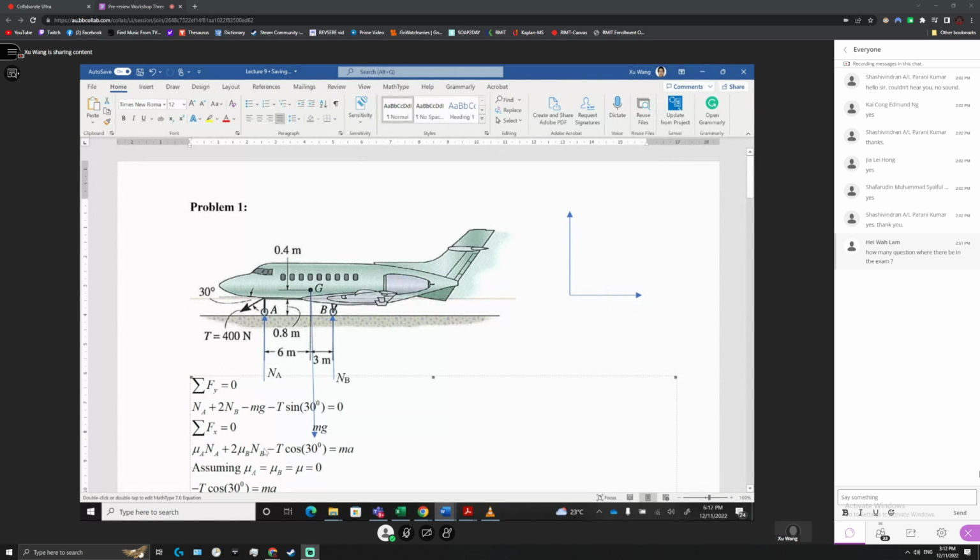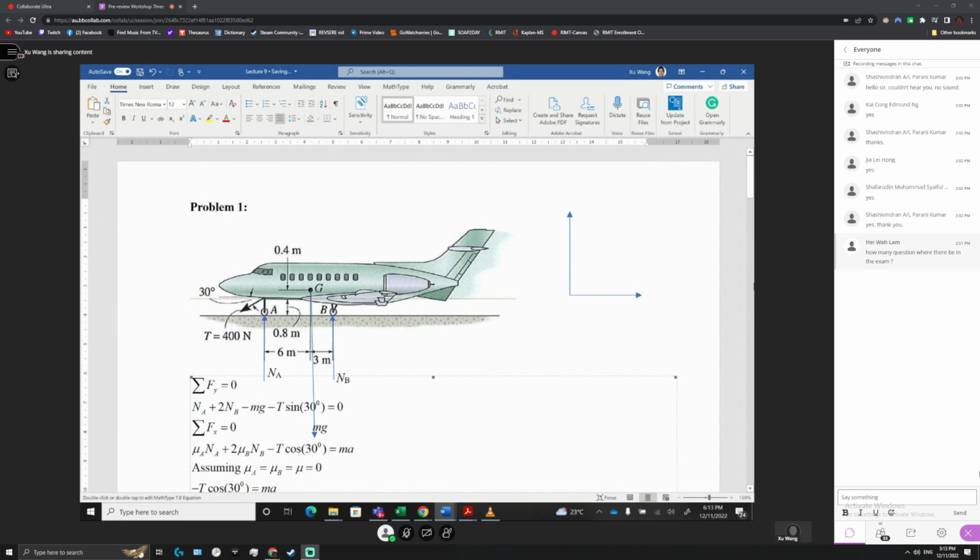The pulling force is negative T cosine theta. Sigma Fx equals Ma, where M is the total mass of the airplane and a is the acceleration. But in our case we do not consider friction, so those terms are equal to 0.